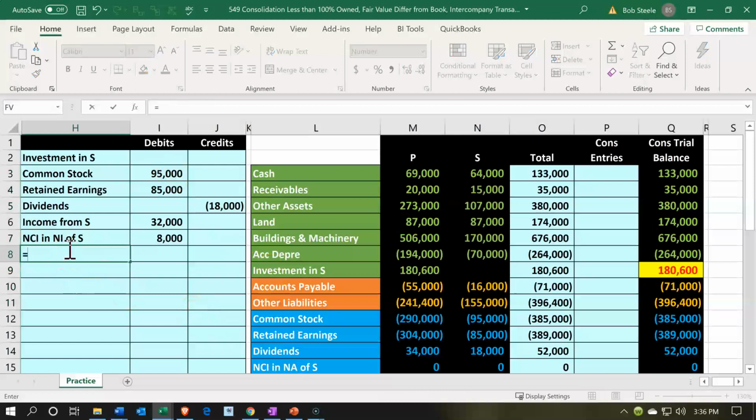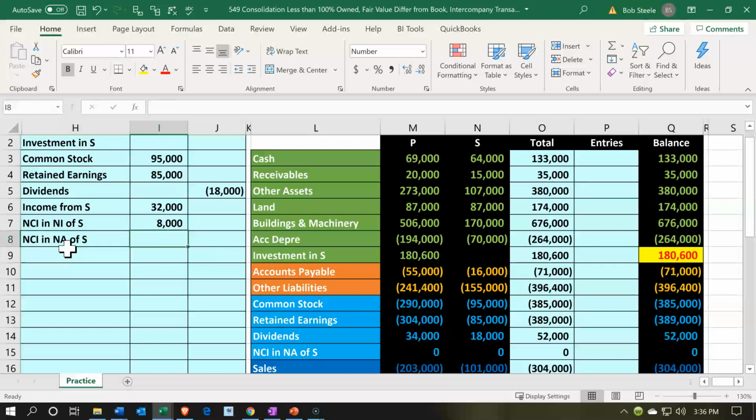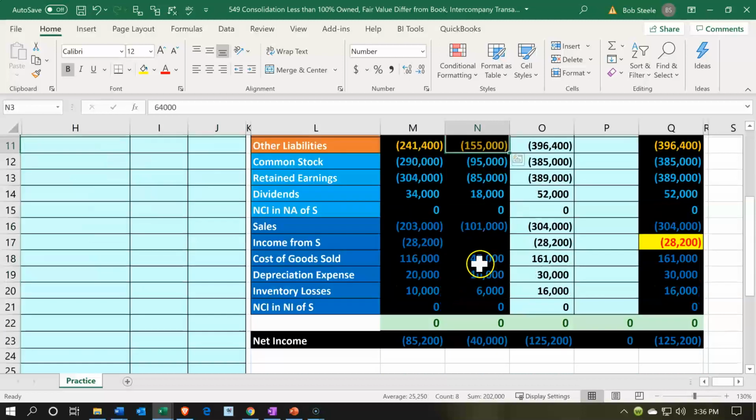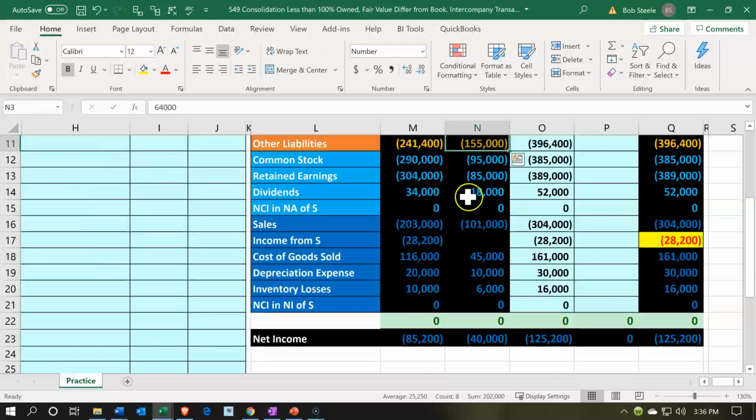So I'm going to say, all right, non-controlling interest. Let's pick that up. And I'm going to do this by the full calculation. Again, I could take the sum of this times 20%, but I like to pick it up from here so you could see it. So you could say the sum of this times 20%, 202, or the sum of this, which is going to be the 202 as well, times the 20%.